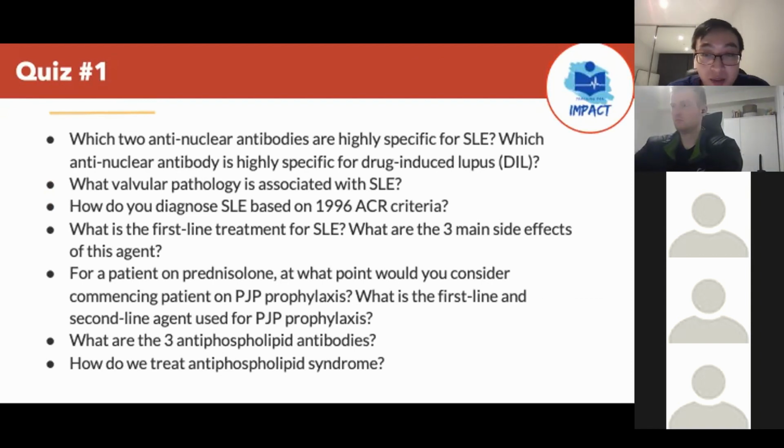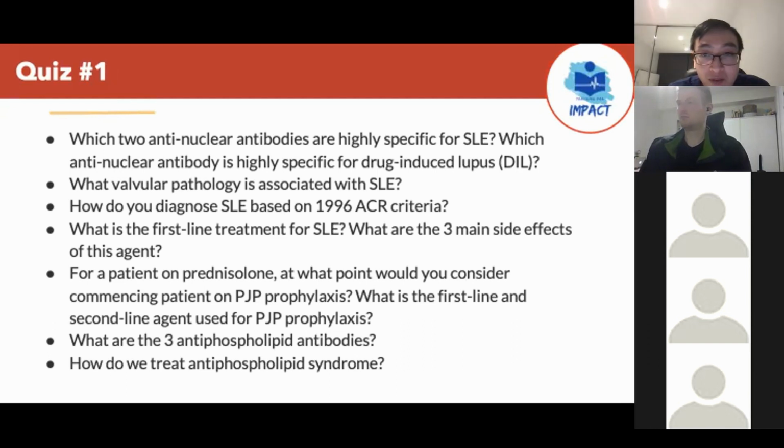Good, especially in patients with G6PD deficiency. For a patient on prednisolone, at what point would you consider commencing a patient on PJP prophylaxis? And this will come up quite a few times in your intern year. Yes, 20 mgs of pred for 4 weeks.